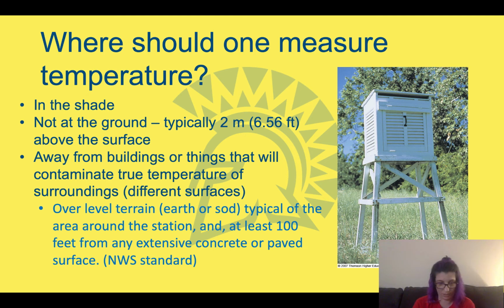Another interesting thing is if your car takes the temperature, it can depend on the color of your car as to whether it's reading a little bit warmer or cooler, because of that albedo, and whether it's absorbing more solar radiation or reflecting more. The National Weather Service is pretty good at making sure that these standards are adhered to. The rest of them that private companies do, that's where you'll start seeing these wonky measurements out there that don't really make any sense.